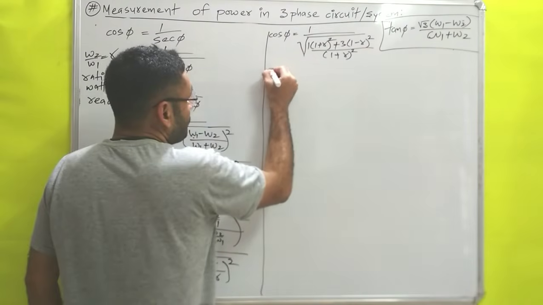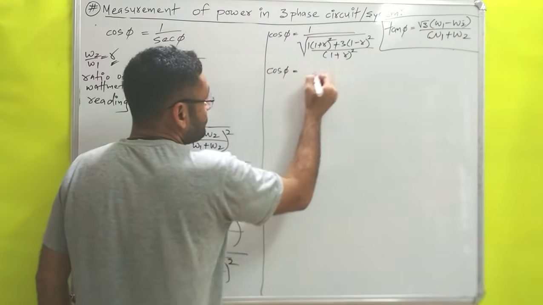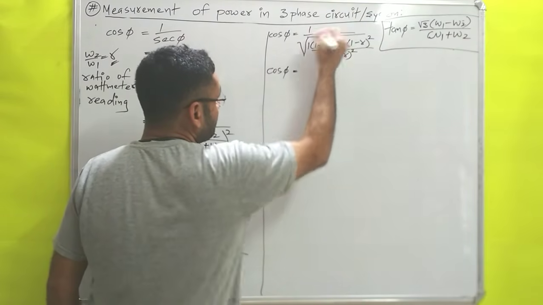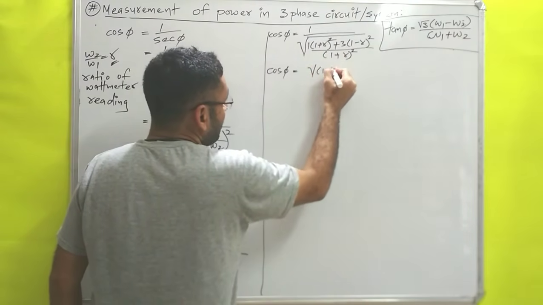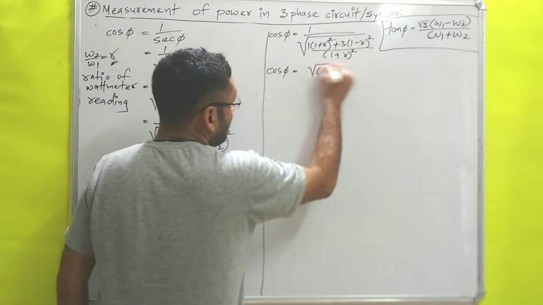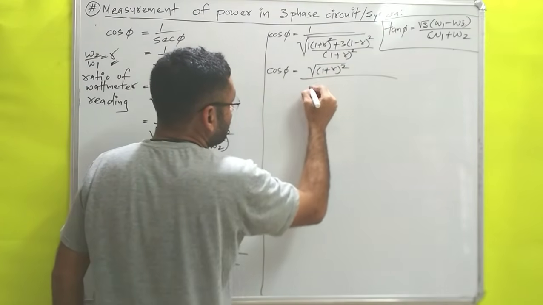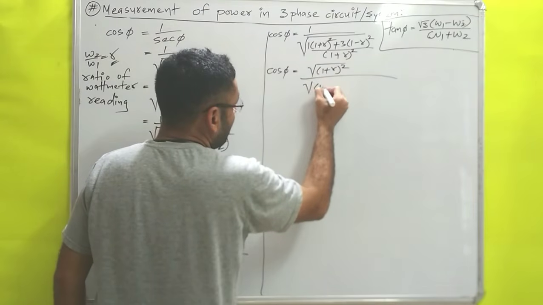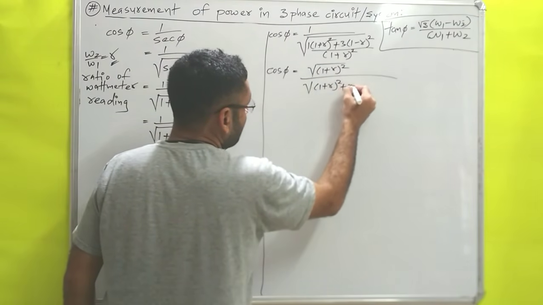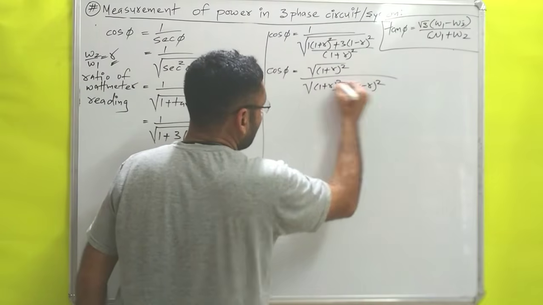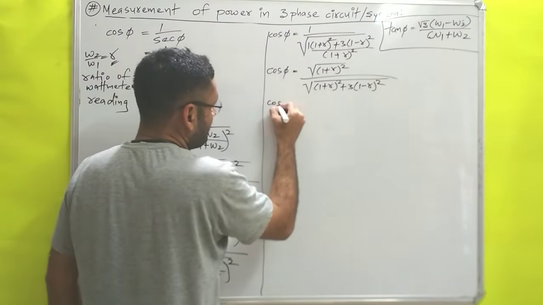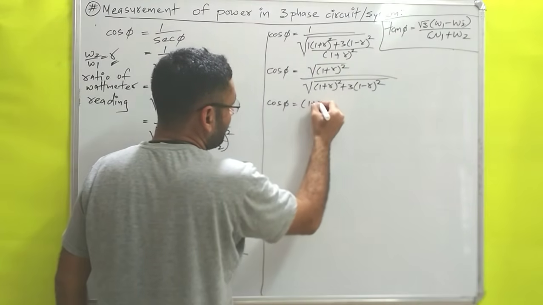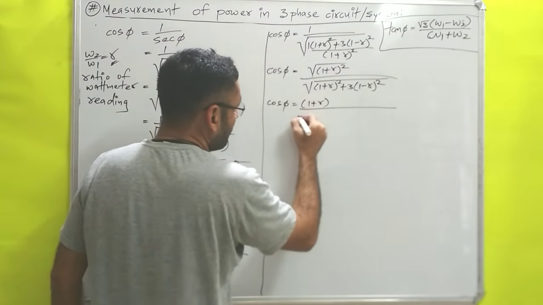So cos phi equals, now that (1 plus r) square root will go upside, so it will be (1 plus r) upside, divided by the square root of (1 plus r) whole square plus 3 (1 minus r) whole square.